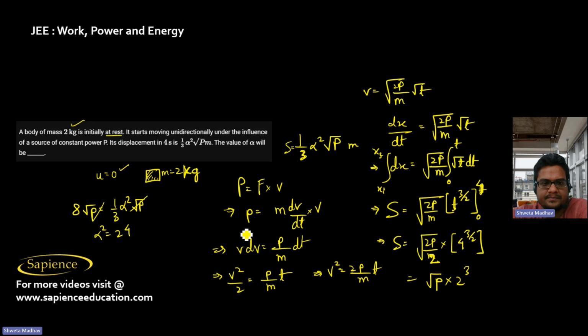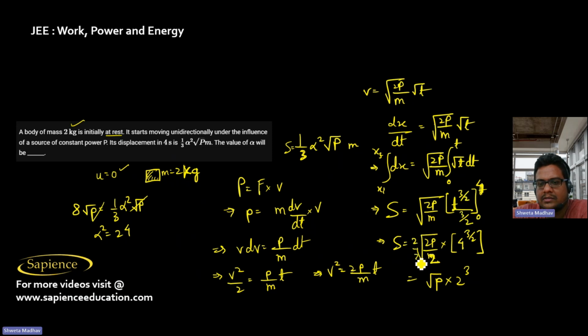So root p integral, that is t power half by 3 by 2.